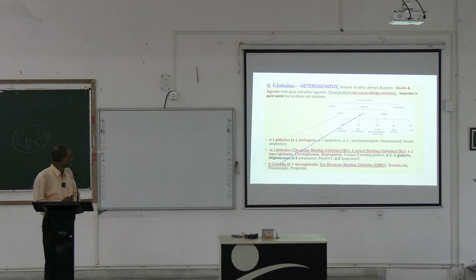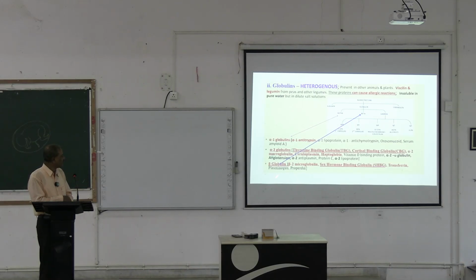Similarly alpha 2 globulin, note down here thyroxine binding globulin, at least write 3 parts: thyroxine binding globulin, cortisol binding globulin, ceruloplasmin and haptoglobin, and alpha 2 microglobulin. These rare things what I have written. At least try to remember these 5 points, because it is impossible to remember all those points.